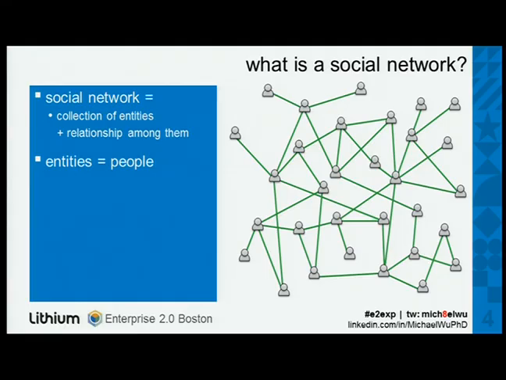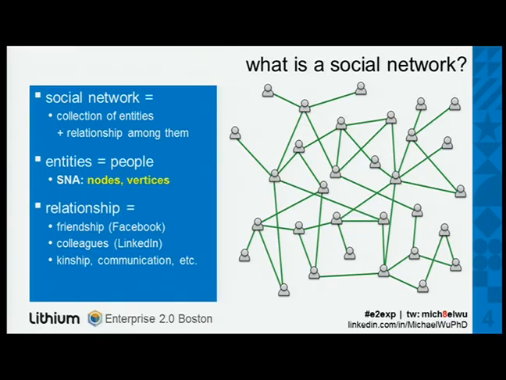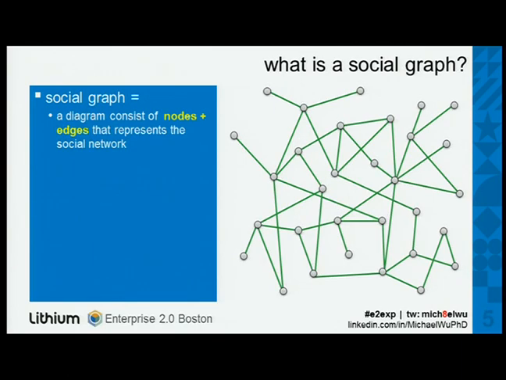In SNA lingo, these are typically called nodes and vertices. And these relationships can be anything that we care about. They can be friendships, colleagues, kinships, or just communication. In SNA lingo, we call these edges and connections. All right. So now you know what a social network is.